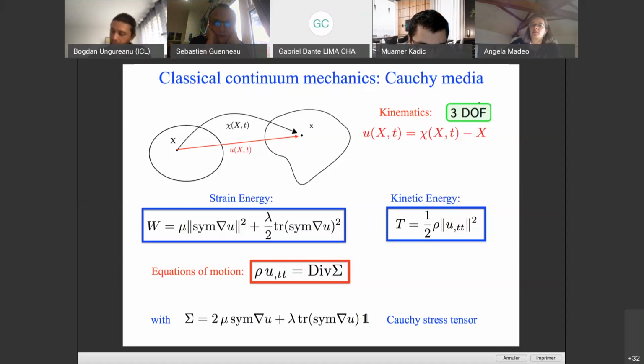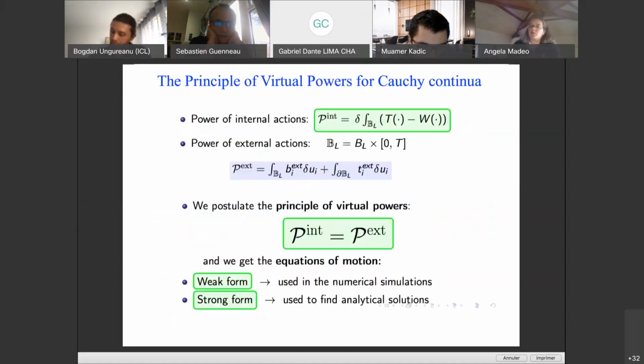The only point is we derive such equations using the principle of virtual powers. We have in Cauchy elasticity other ways to do it, but we follow a variational approach, so principle of virtual powers or least action principle, because it's the only way we have to generalize our concepts to micromorphic.